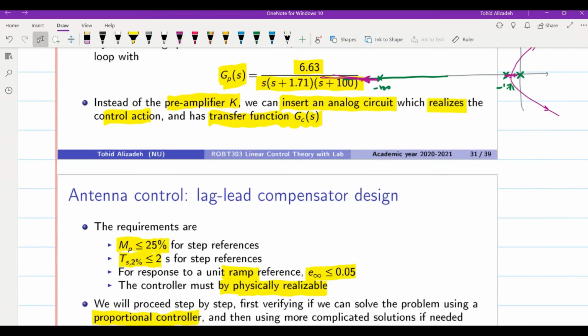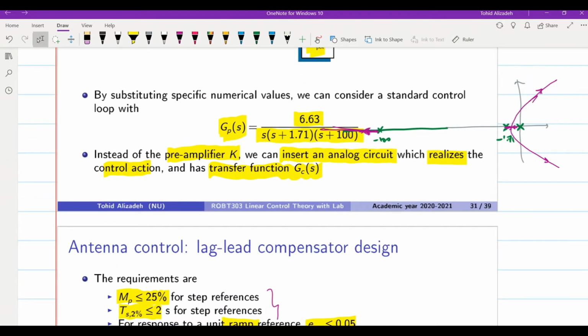We would need to translate the transient requirements into regions for the overshoot MP and the 2% settling time. If we do so, we will have this kind of desired regions.